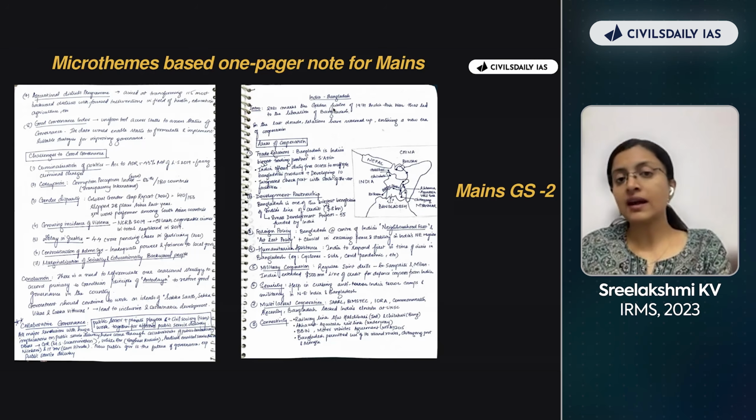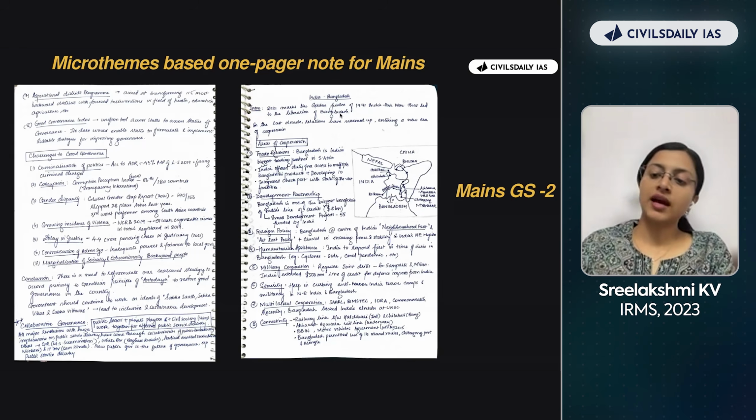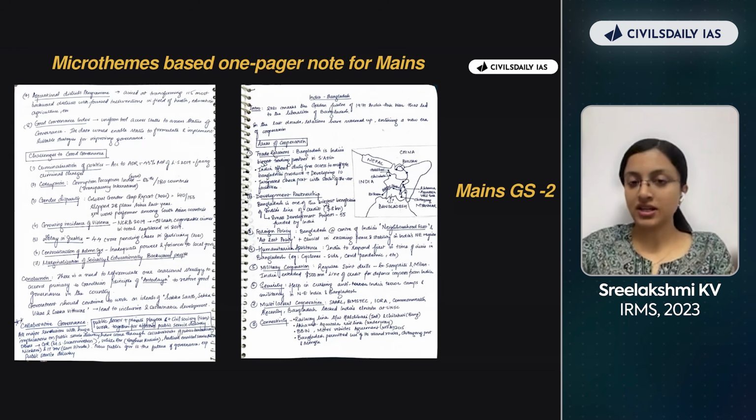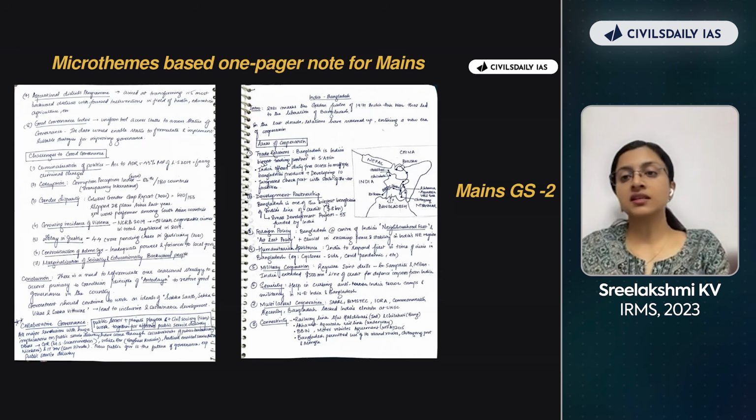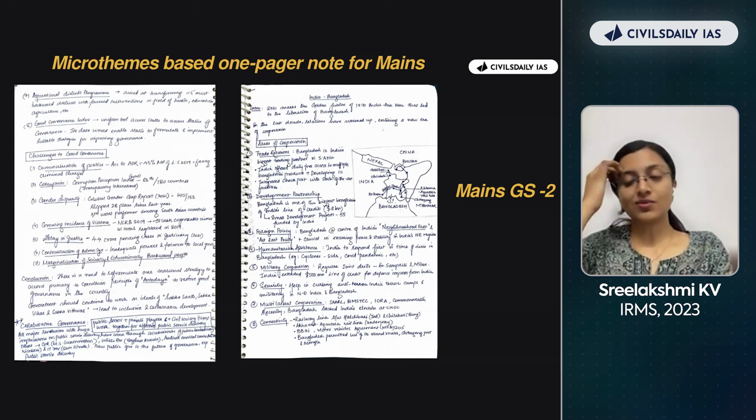At that time, 2021 marked the golden jubilee of 1971, which is why India-Bangladesh bilateral relations were important. So this is how I started the introduction with the recent context. Why is it in the news? That's the best way to introduce IR related answers.